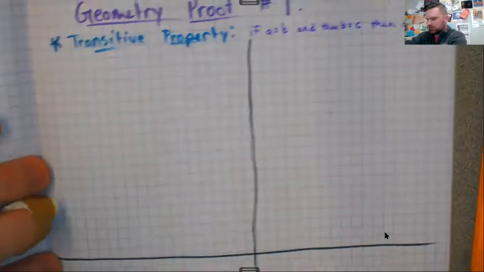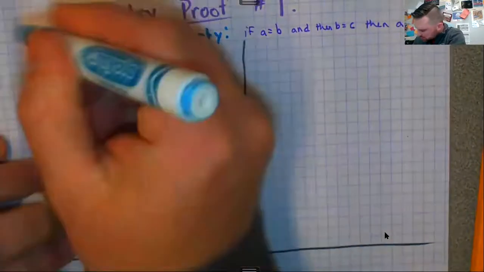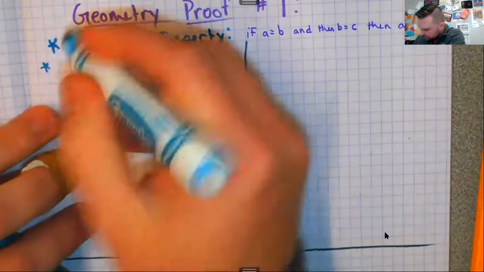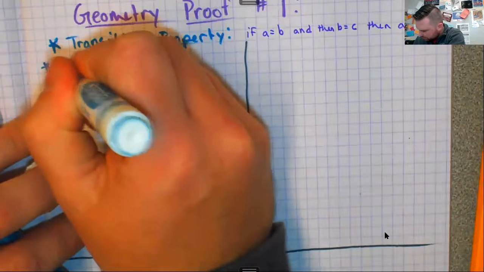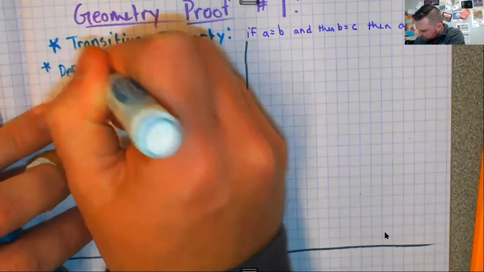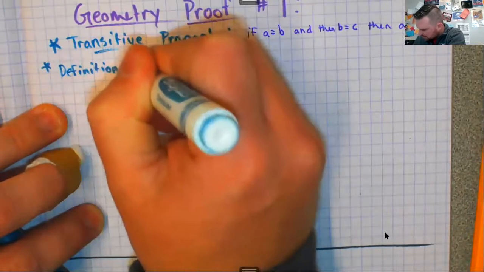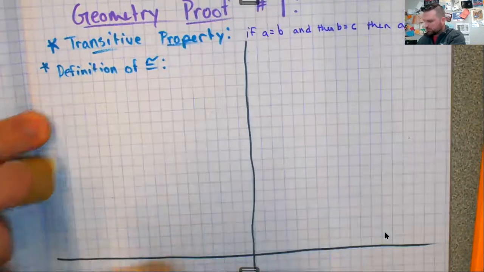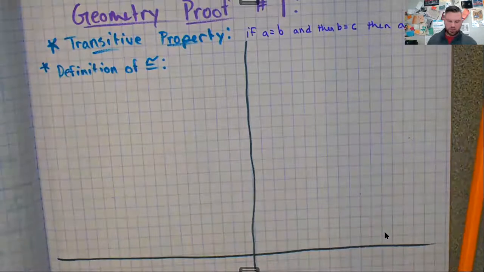Okay, so the other one we're going to add, which is used a lot, is the definition of congruence. And we can use this two different ways.